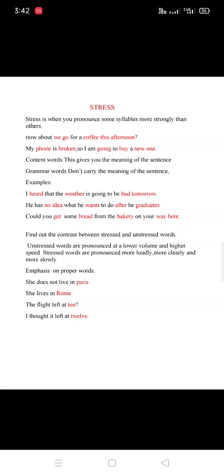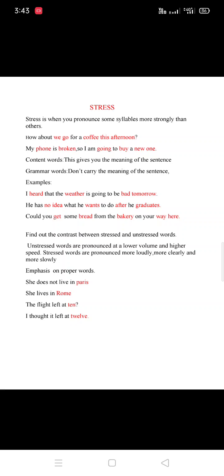Like, suppose, she doesn't live in Paris, she lives in Rome. Here what is most important? Place, right? You want to say that she doesn't live in Paris, she lives in Rome. So place is most important, that's why you have to give emphasis on the name of the place, that is Paris and Rome.